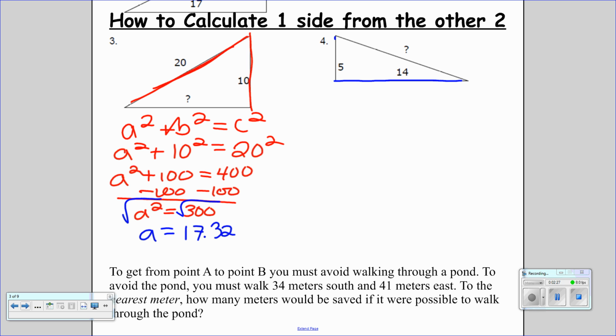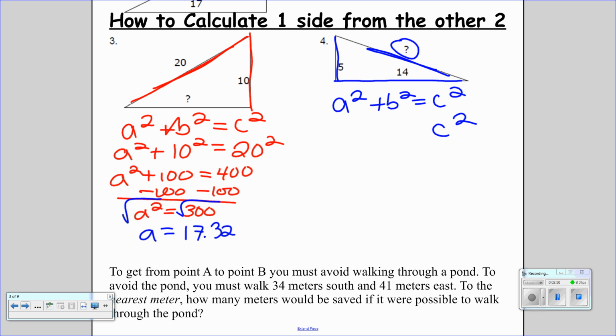Okay? Now the other triangle. I have two sides. So if I take my equation, a squared plus b squared equals c squared, c is this side right here. That's the side I don't know, so that's going to be my question mark. Now it doesn't matter which one I label which for the other two, because we're just going to square them and add them. So it makes no difference between the two.